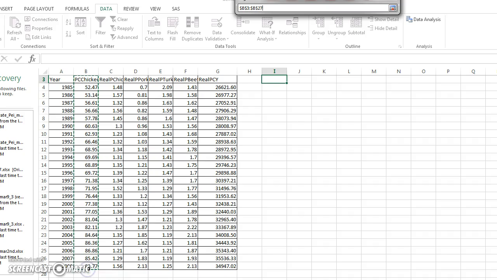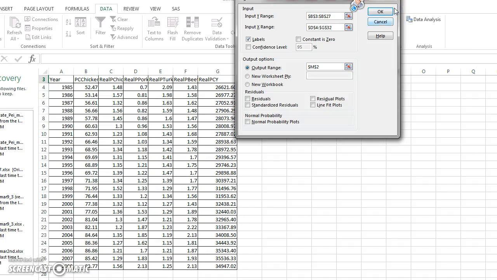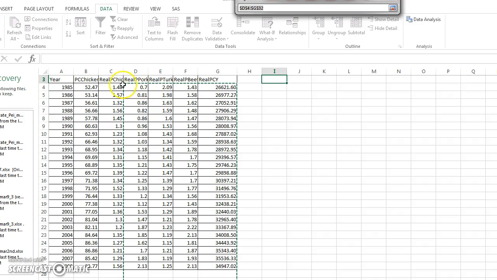This is my Q on the left-hand side of the equation. And then for my X Range, I am going to include my real price of chicken, real price of pork, real price of turkey, and real price of beef.